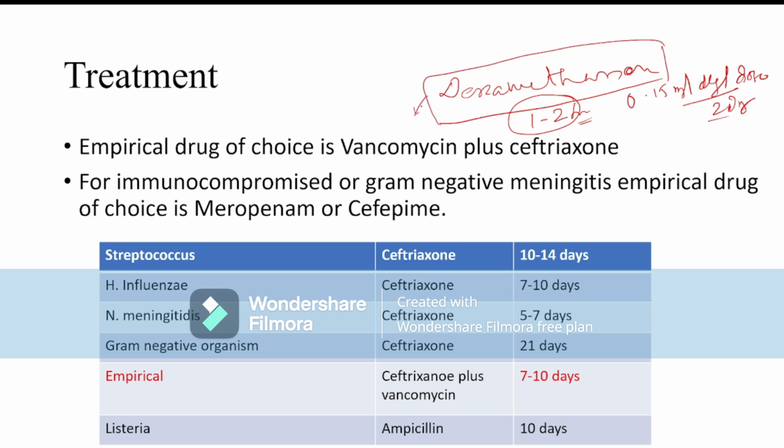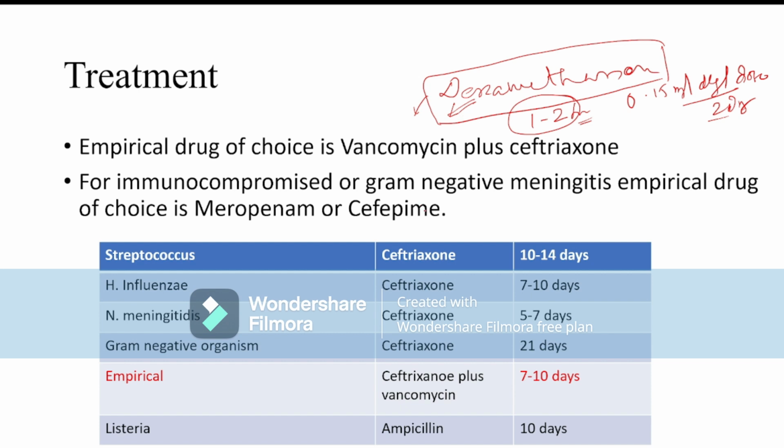Because after giving the antibiotic, there is increased inflammation, as the bacteria are killed by the antibiotics, and there is a profuse inflammatory response in the CSF. This may cause seizures, convulsions, and the inflammatory products may also cause hearing problems in the child, mainly occurring in Haemophilus influenzae infection. So to prevent this complication, we give dexamethasone injection before giving the antibiotic.